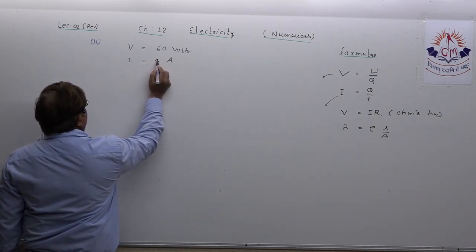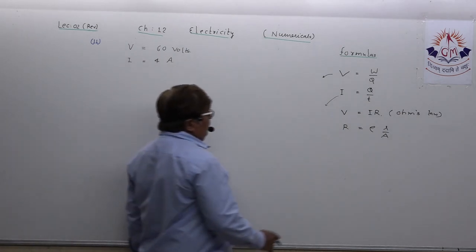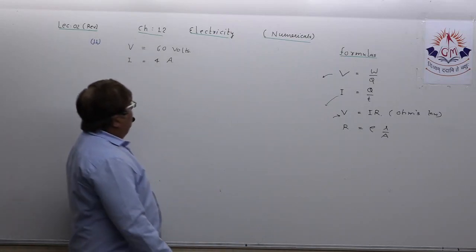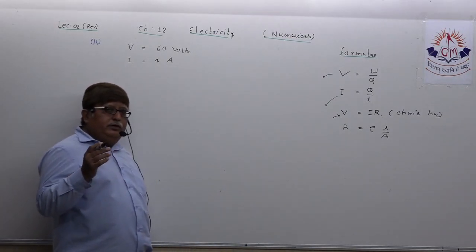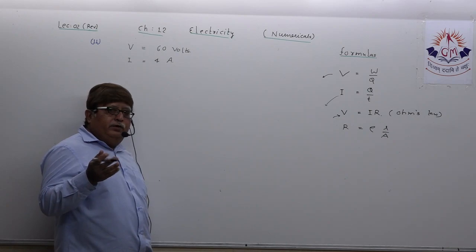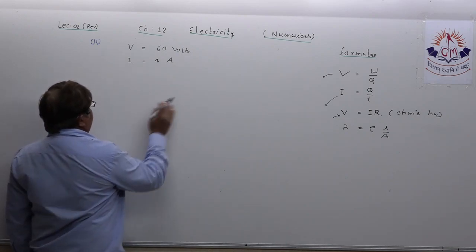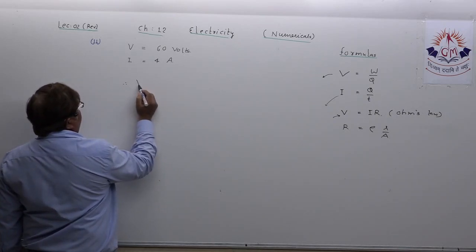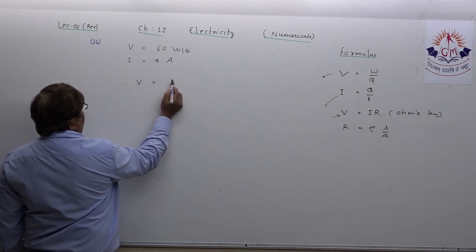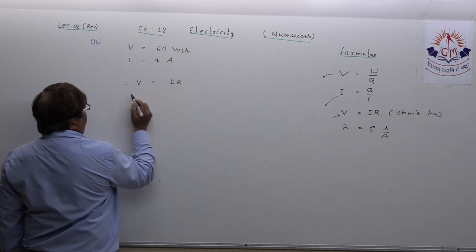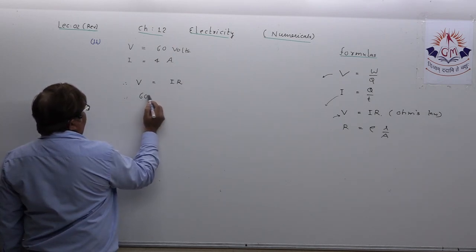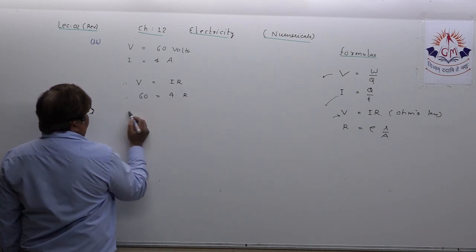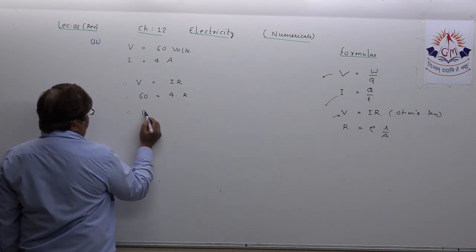So, dear student, now this particular formula comes to our help. Before you read the second phase of the sum, just concentrate here. First, as per Ohm's law, you all know V equal to I into R. This is 60, I and R. Okay, just take it here and cancel.